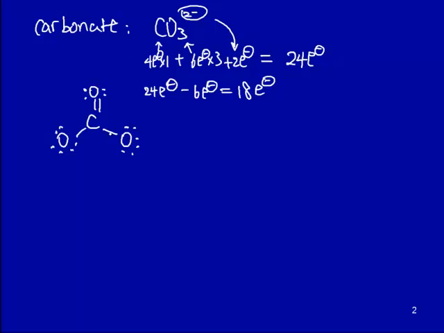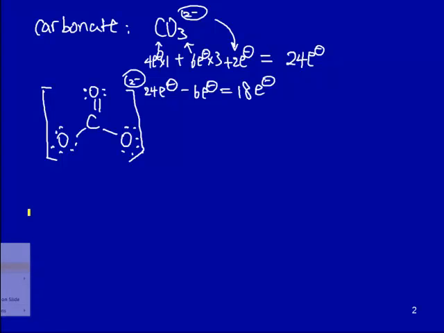Now all those atoms have the same octet, 8 valence electrons around them. So everybody's happy, and we bracket it and put a -2 charge.